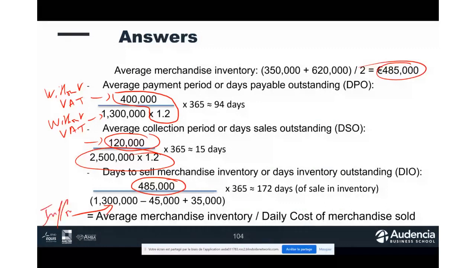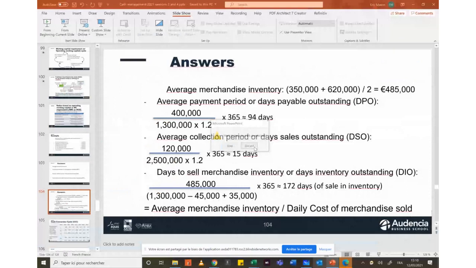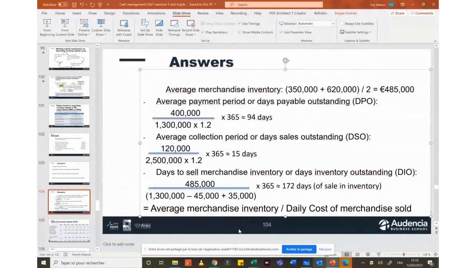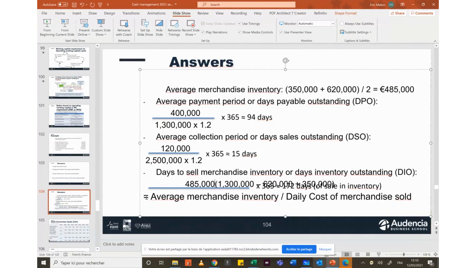We have the opening. Sorry, I forgot to change the values. So here, minus the ending, 620,000, plus the opening, 350,000. Okay.